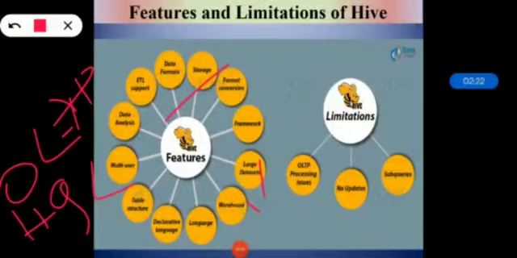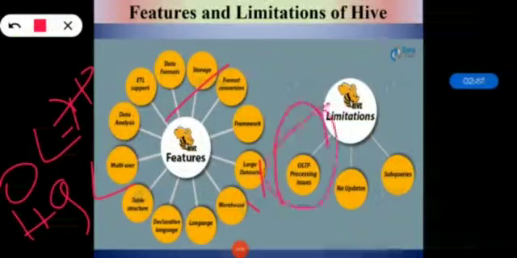But Hive is not a relational database. It is not designed for OLTP, that is online transaction processing. We cannot do that because it is designed for OLAP, online analytical processing. When we talk about OLTP, there are processing issues.